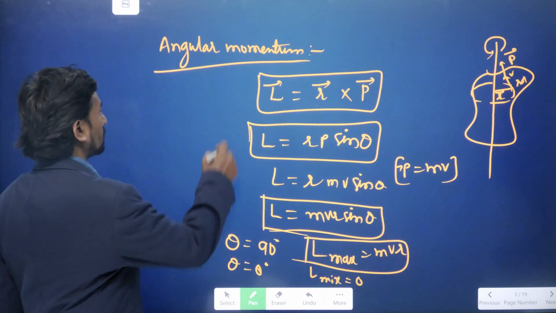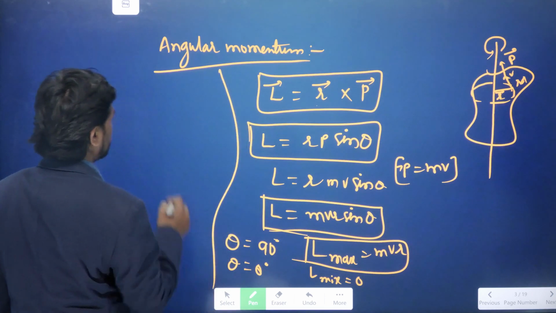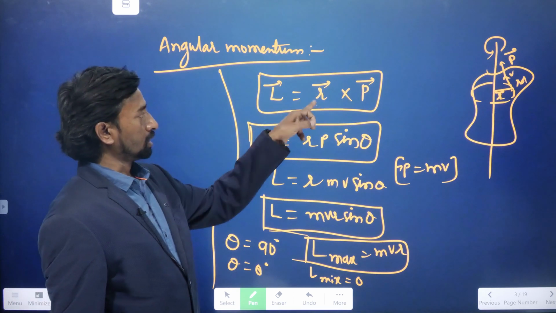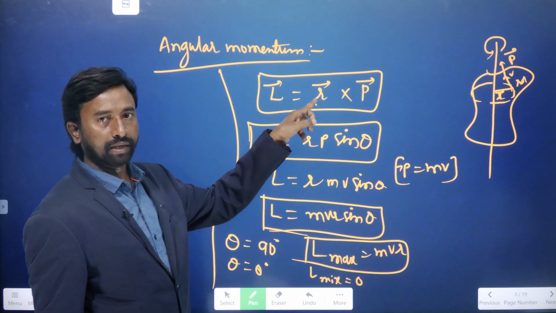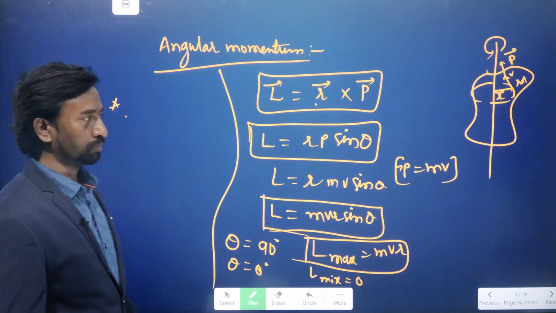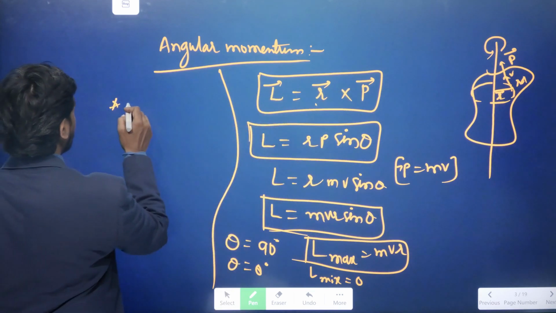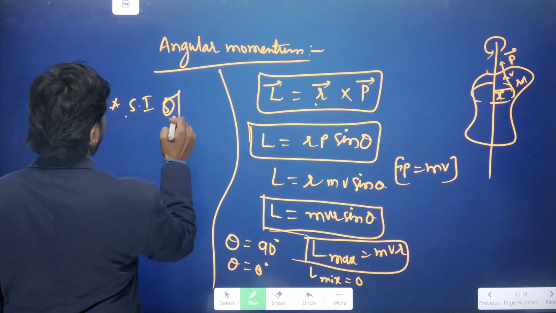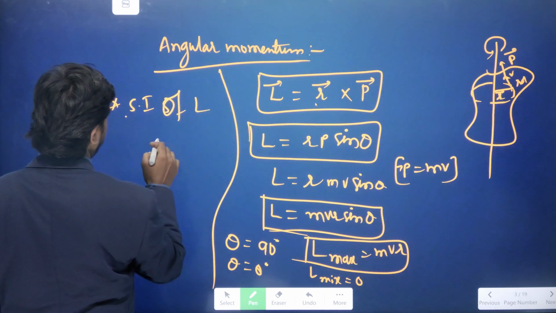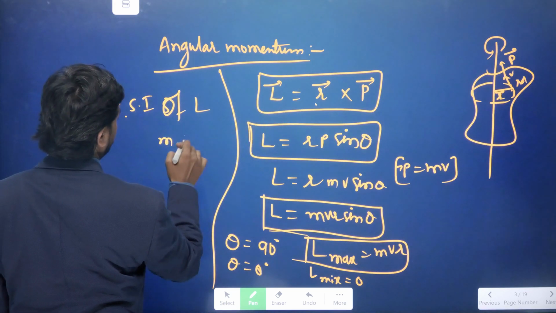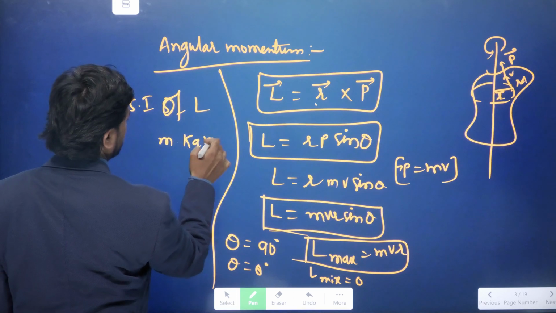Now, what is the SI unit of angular momentum? R is the perpendicular distance and P is the linear momentum. The SI unit of linear momentum is kg meter per second, so the SI unit of angular momentum is the product of meter and kg meter per second.